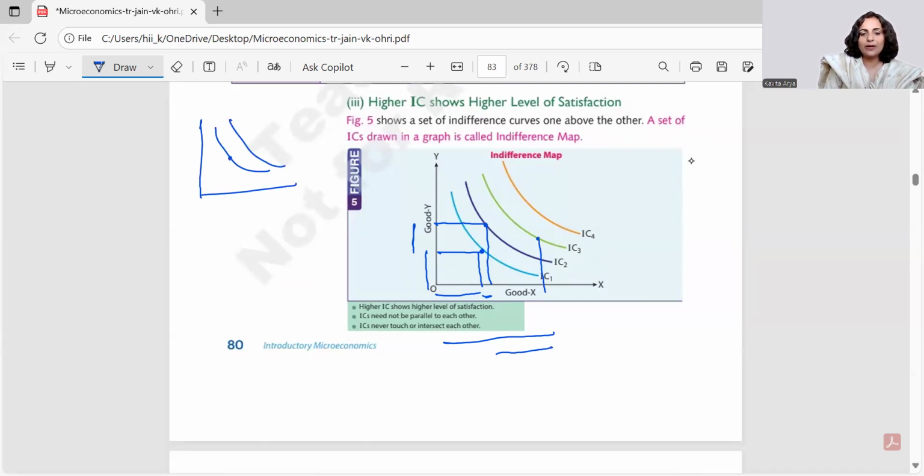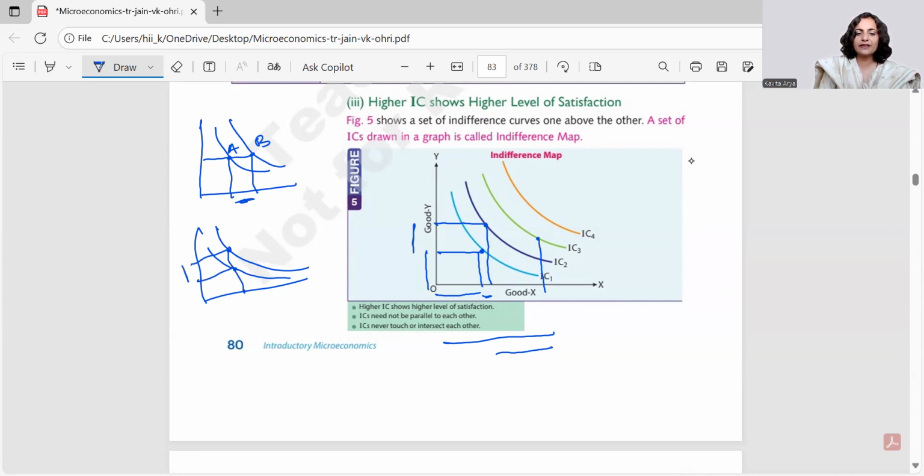Point is, you may just give any type of expression. You may take two points on a straight line also. You will show that compared to A and B, B is giving this much extra of x, keeping y constant. You may take these two points also, wherein you are taking it vertically. You'll show that this much extra is given by the higher IC, keeping the other constant.